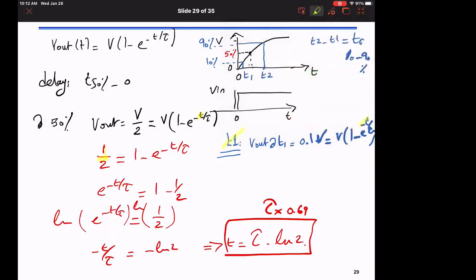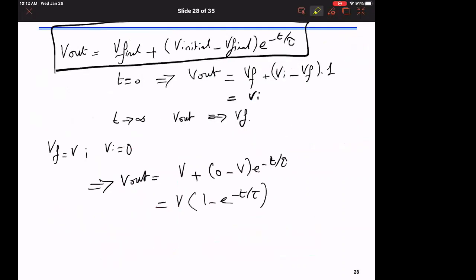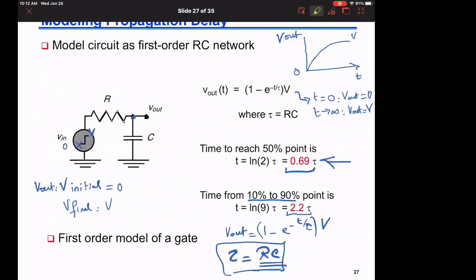The same for T2 using a similar equation, and then we subtract the two quantities and end up with 2.2 times tau.